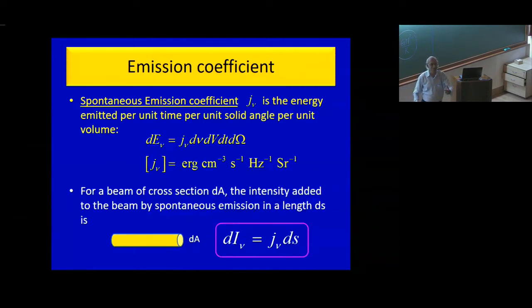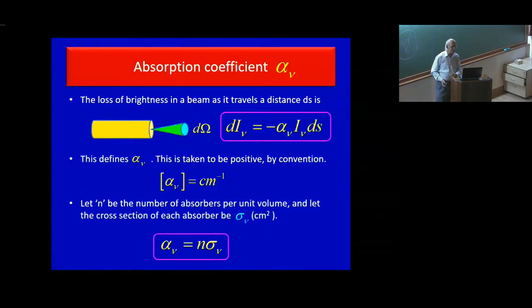So now let me introduce the absorption coefficient. The absorption coefficient is traditionally called alpha. It is obviously a function of frequency, alpha nu. Alpha nu is defined in terms of the loss of brightness in a beam as it travels a length ds.